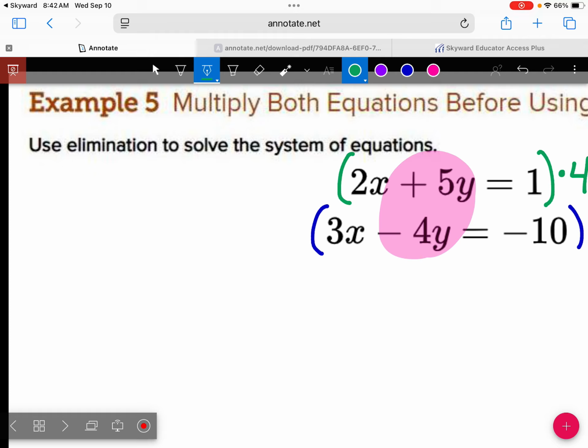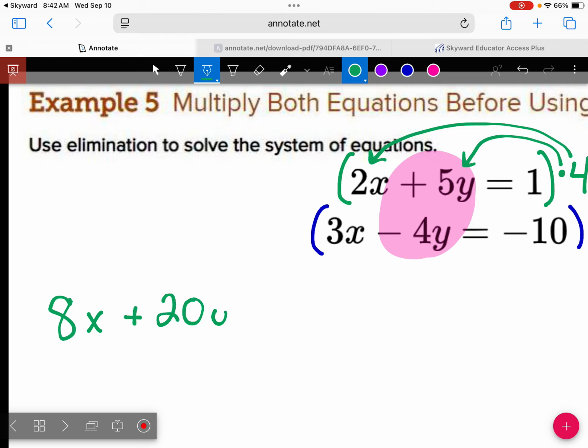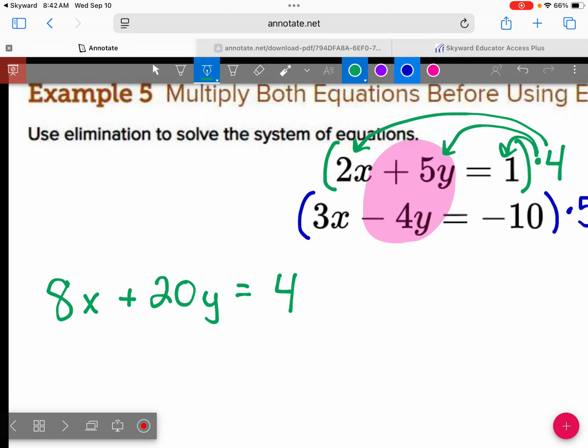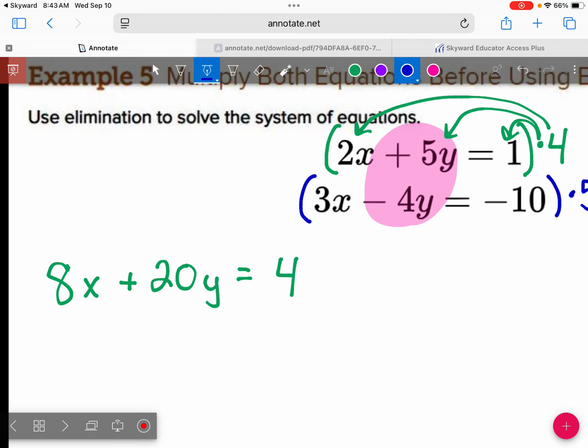So when I multiply that top equation by 4, we're going to have our 2x times 4, so that's going to give me an 8x. I'm going to have my 5y times 4, so we've got 20y. And that's going to equal our 1 times 4, which is 4. So multiplying all the pieces. I'm going to do the same thing with the bottom equation, but this time I'm going to go times 5.